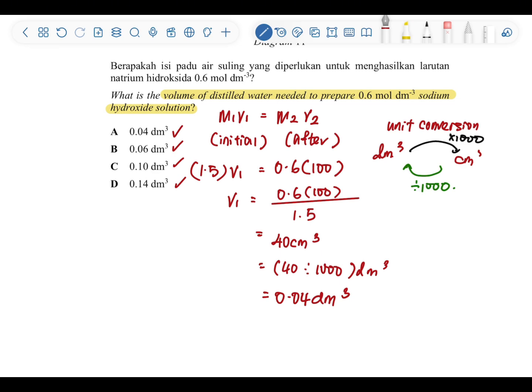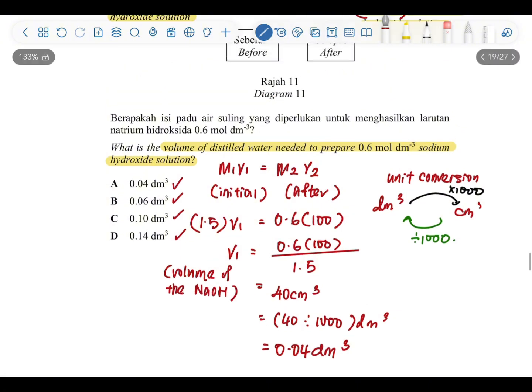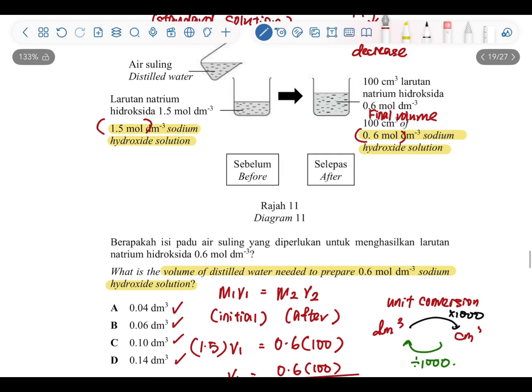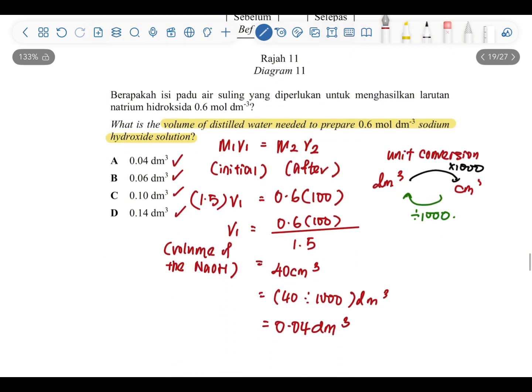So this volume that we get is the initial volume of the NaOH that we need. But the question is asking for the volume of the distilled water.